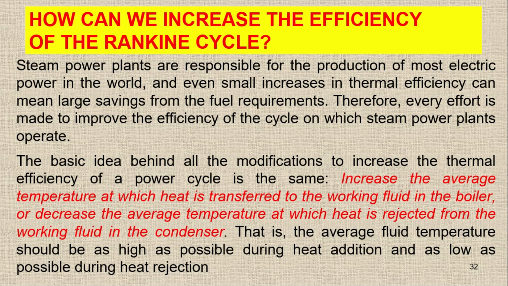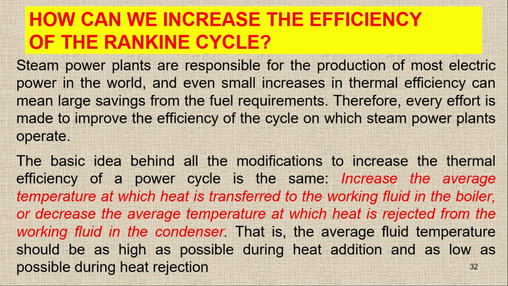This means if you increase the average temperature at which heat is transferred to the working fluid in the boiler, there will be an increase in the efficiency. Or if you decrease the average temperature at which heat is rejected from the working fluid in the condenser, again there will be an increase in the efficiency. We will see these two terms in the next slides. That is, the average fluid temperature should be as high as possible during heat addition and as low as possible during the heat rejection process.